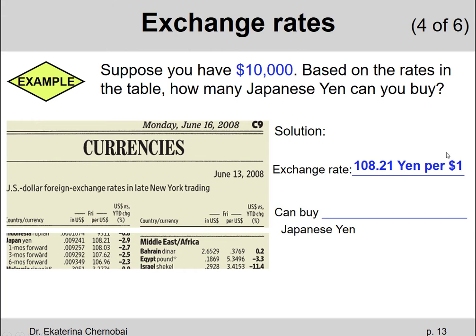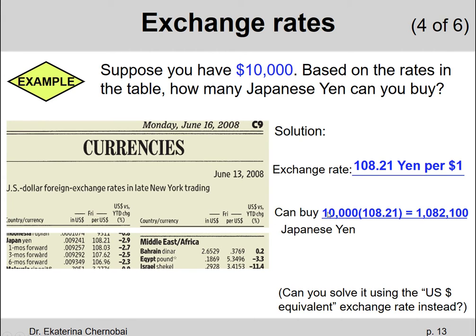How can we then figure out how many Japanese yen 10,000 US dollars can buy us? We multiply $10,000 by how many yen each dollar can buy us. So 10,000 multiplied by 108.21 gives us 1,082,100 Japanese yen. So yeah, in Japan, everybody is millionaires.